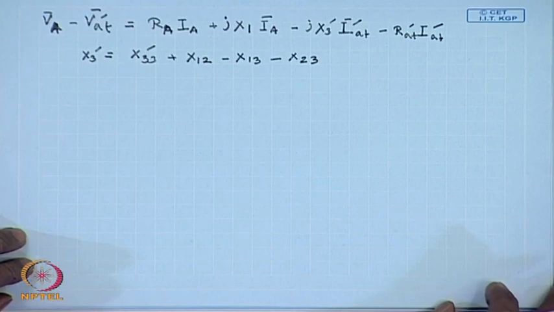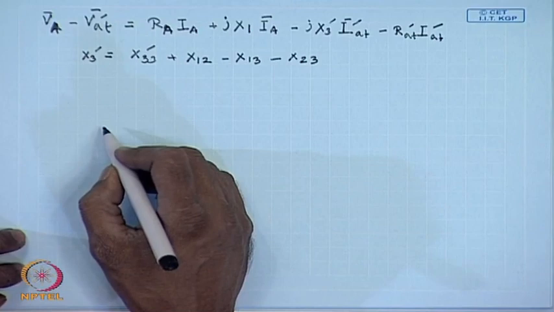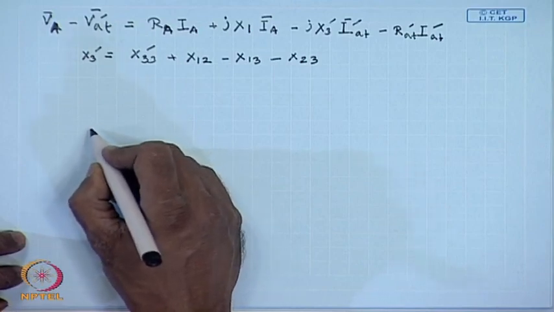These equations then suggest the following equivalent circuit for the 3 winding transformer.